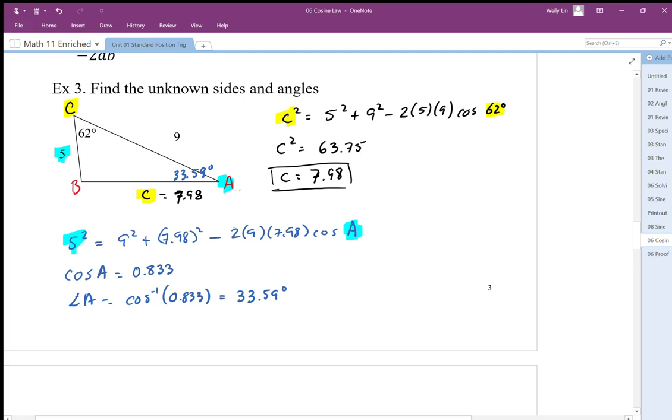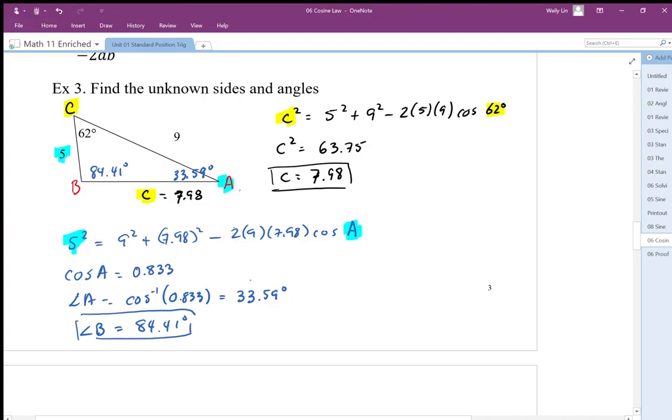So 180 minus 62 minus 33.59. And I get 84.41 degrees. So angle B works out to be 84.41 degrees. So I found my unknown side and my two unknown angles.